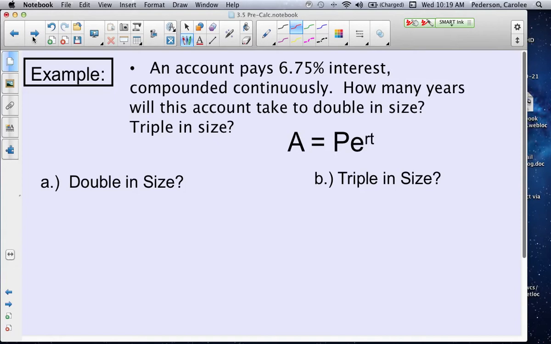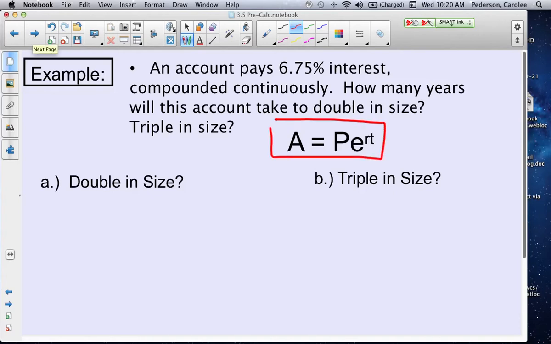I would recommend you write this example down. This will be our last example in the lesson today. Let's say we have a savings account, and the bank says that you get 6.75% interest, compounded continuously. We want to find out how many years it will take for this account to double in size and triple in size. I have the formula already written down for you.